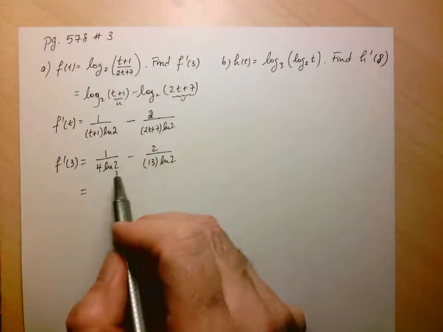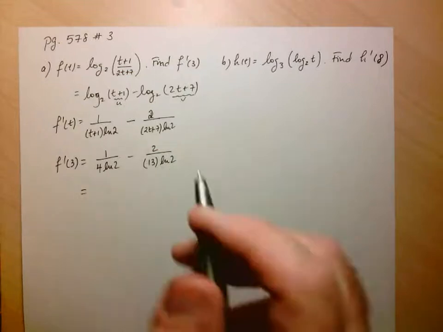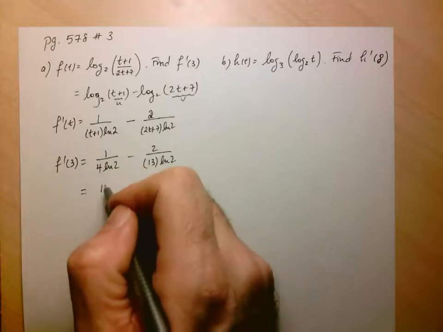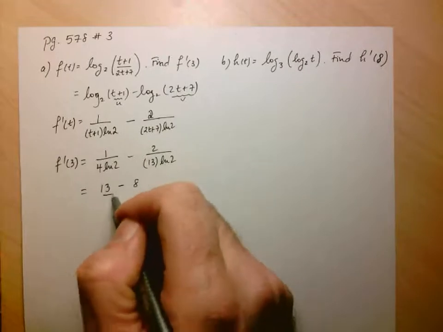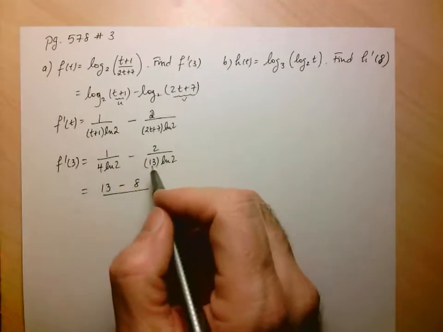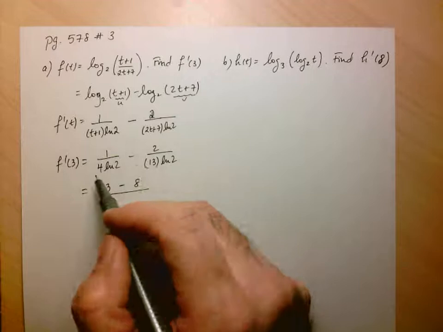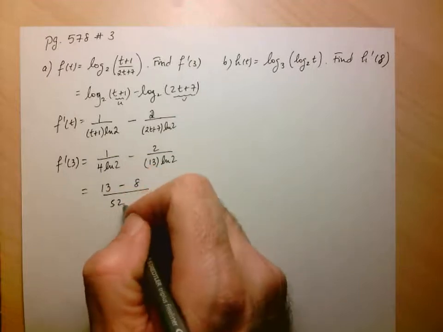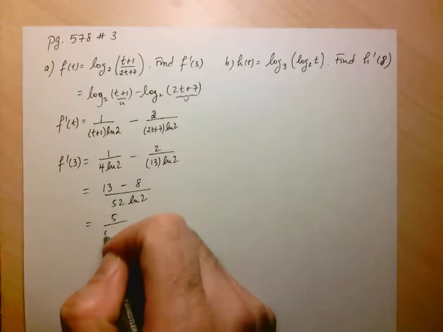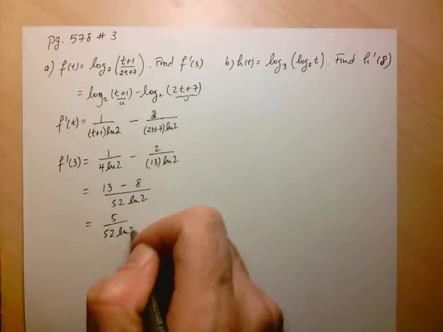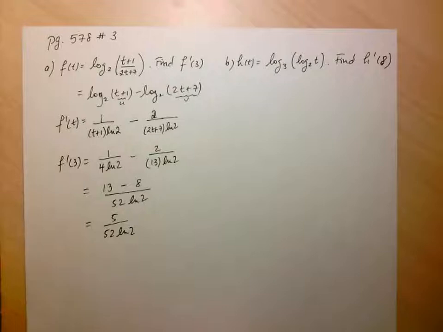The ln 2 is in each of the denominators already, so we'll need a 13 up here. So 13 minus 2 times 4 is 8 up there. So here we've got 4 times 13 is 40 plus 12 is 52 ln 2. Okay, so in the end we have 5 over 52 ln 2, and you can't really simplify any further from that.